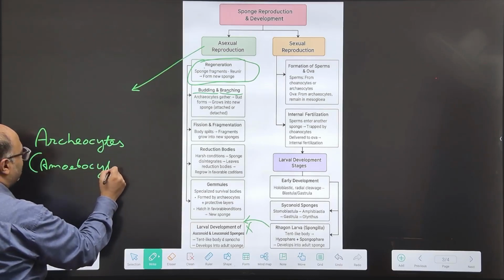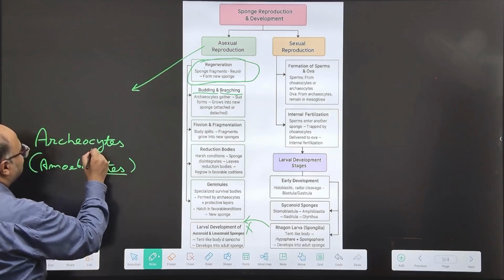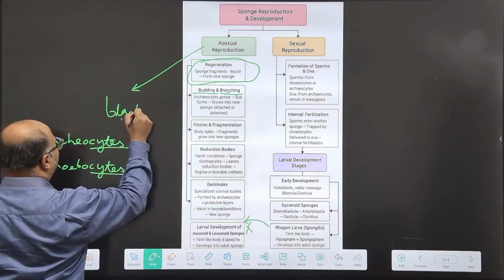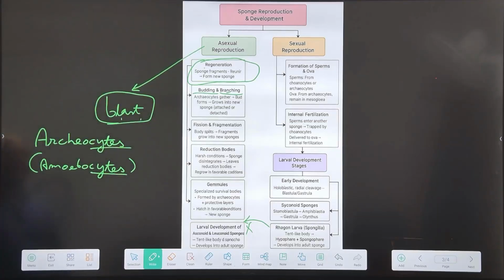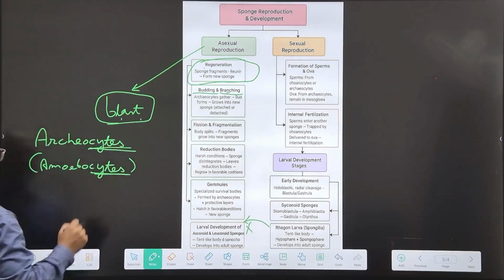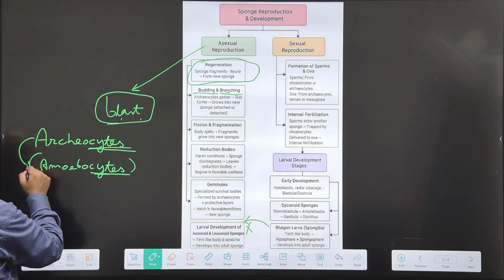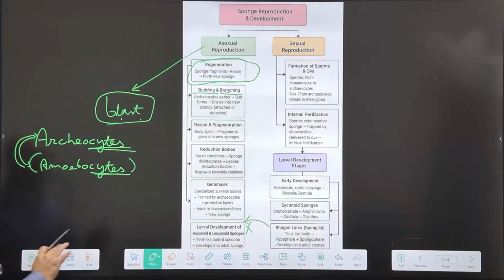And in biology, you will often find the two suffixes being used pretty often, cyte and blast, for the name of cells. The blast word is generally meant for immature cells. The cyte word is generally used as a suffix for mature cells. So both the words archaeocytes and amoebocytes are more or less replaceable. They mean one and the same thing.